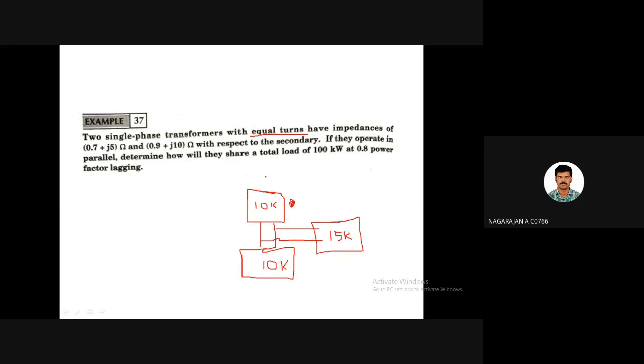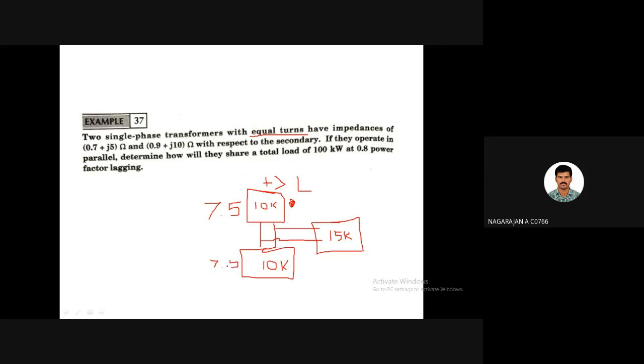So the sum of these two is greater than the load, isn't it? The sum of these two gives 20 kVA and the load requires only 15 kilowatt. So it is not necessary that they both share 7.5 and 7.5.